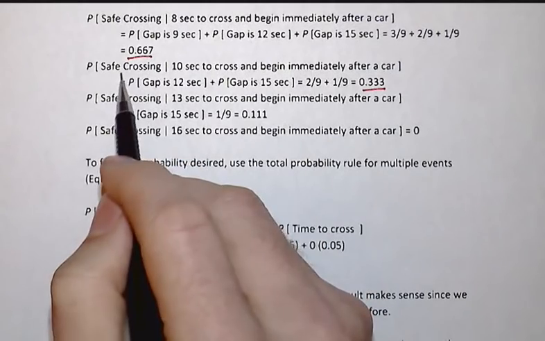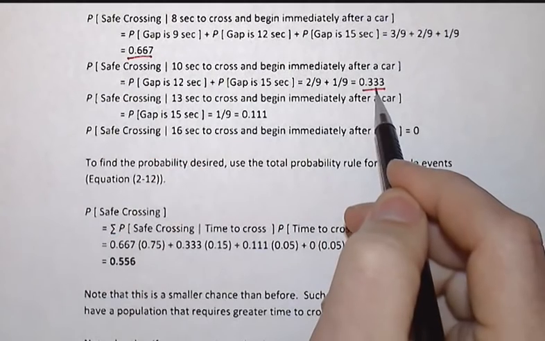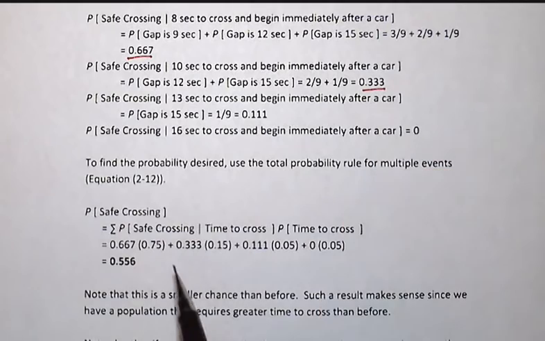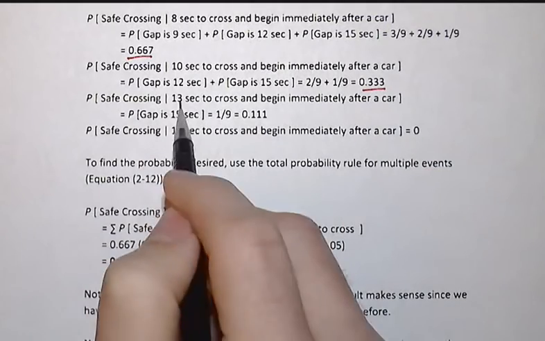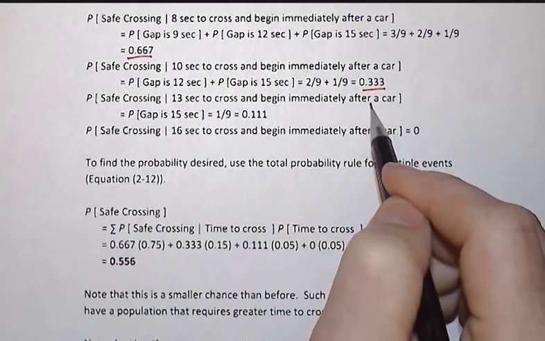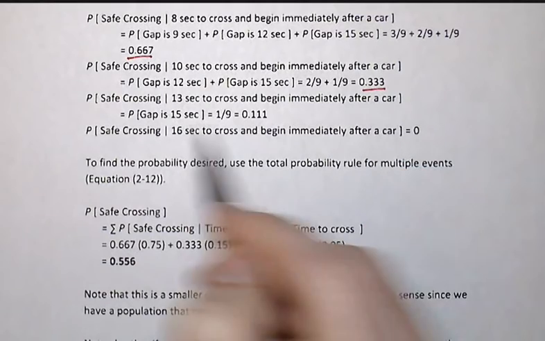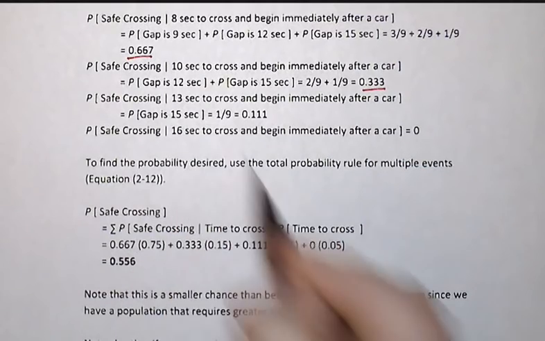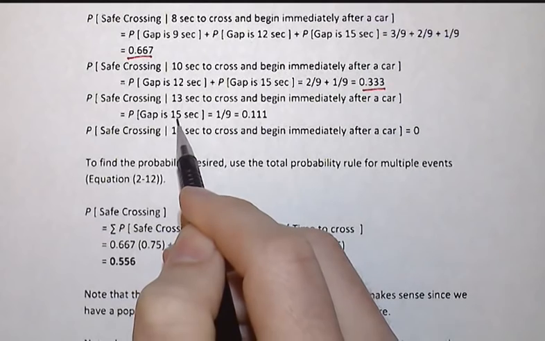Right? For the 10-second crossing time, we calculated that it would be a 33% chance. For a 13-second time to cross, the only gap that comes to us that's long enough is the 15-second one, and so we have a 1/9 chance of reaching in the bag and getting that particular one, right?